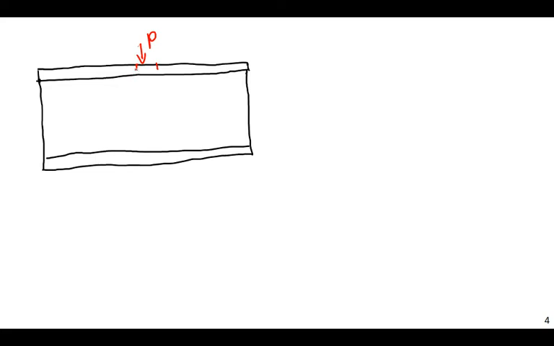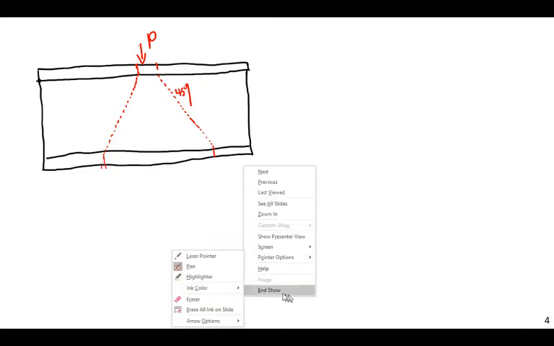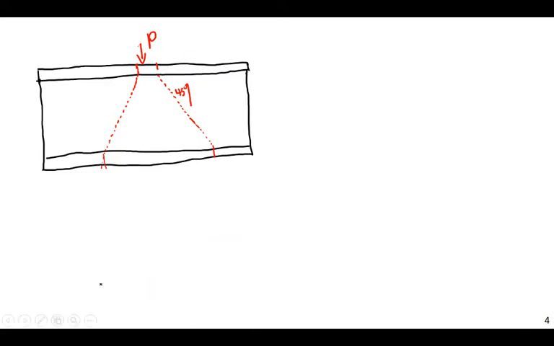But as this stress distributes down, it's going to distribute down at an angle, usually at a 45-degree angle, and then it will cross the flange there.